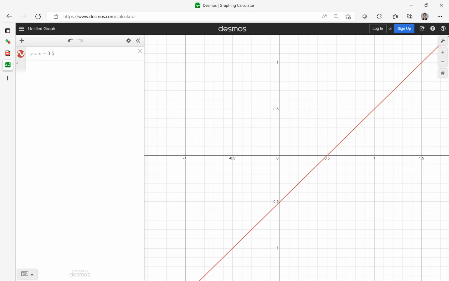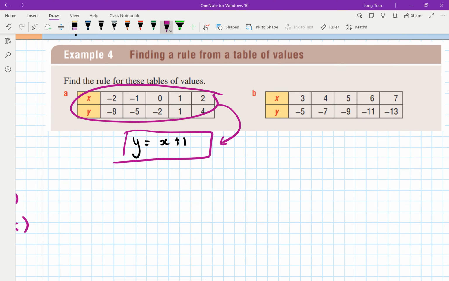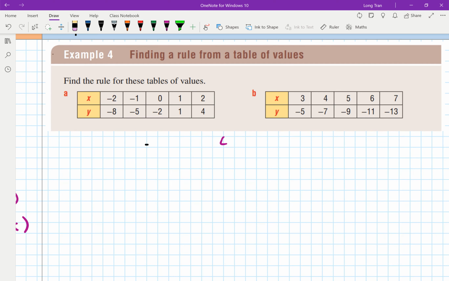Okay? So that means on your table, when you're doing exercise 9c, we're looking for when x equals 0. If I look at this table here, these are the x values. We said that the y-intercept, or the c value, is when x is 0. Now, in this table, we happen to have x equals 0. The y value is negative 2.